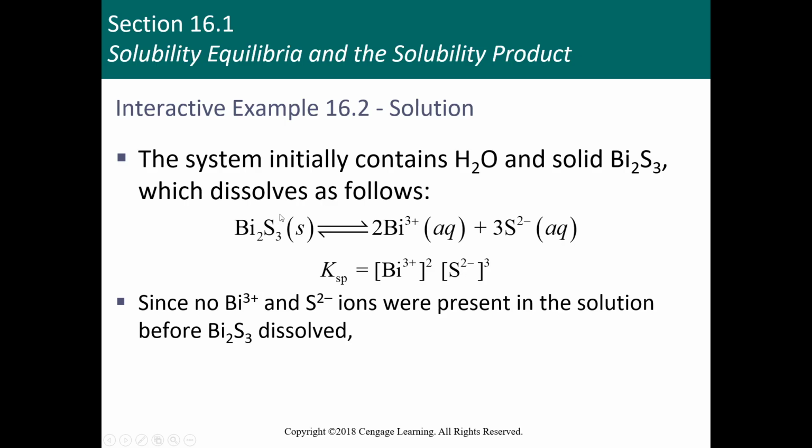So that charge right there is 0. That means this is neutral. Now, this Bi right here thus has a 3+ charge. 2 3+ charges would give you a +6 charge. Again, the 2 comes from right there. You have 2 Bi's every time one of these breaks apart.